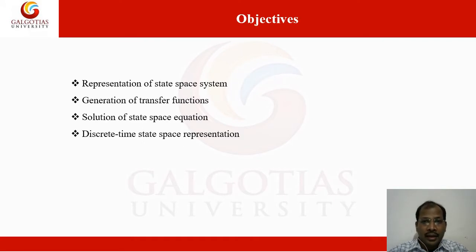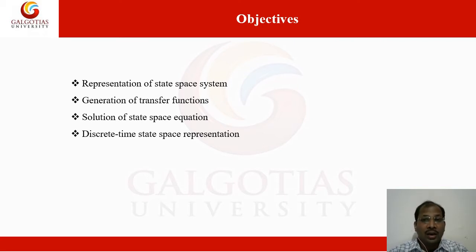The main objective of this lecture is how we are going to represent the state space system and the generalization of the transfer function, meaning how to calculate the transfer function from the discrete state space system. Here, state space system means we are talking about the discrete domain only, the solution of the state space equations and discrete time state space representation.